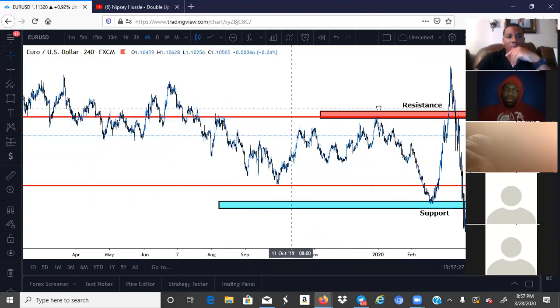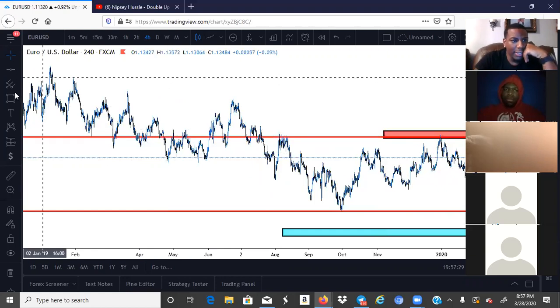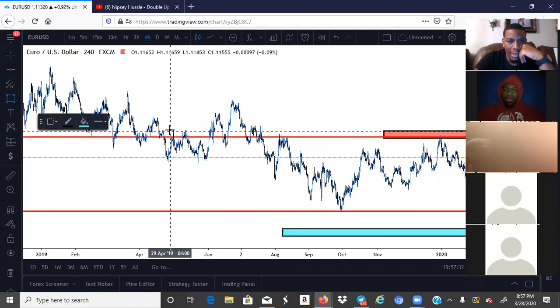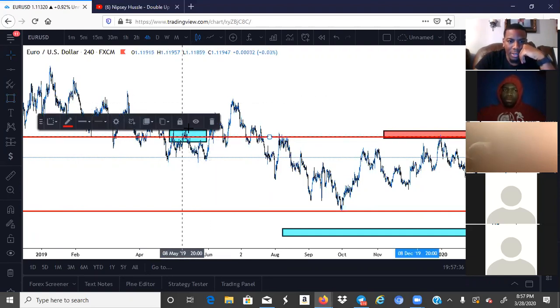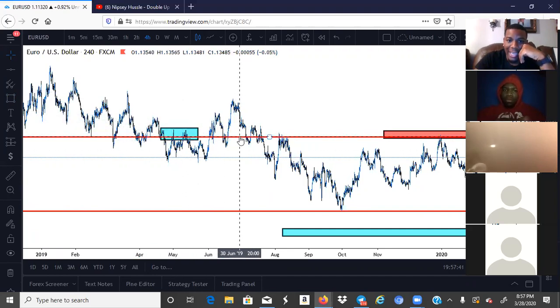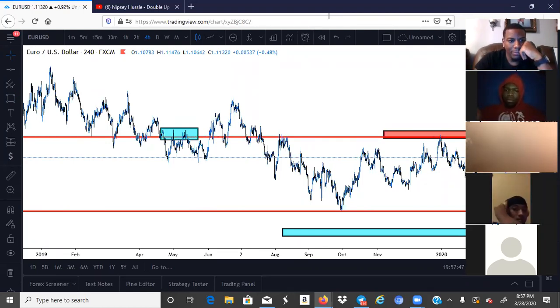For example, right here in this area, this would be considered a form of resistance, right? This line is resistance, right? Drop a 333 in the chat if y'all say that's resistance. So support can actually become resistance.